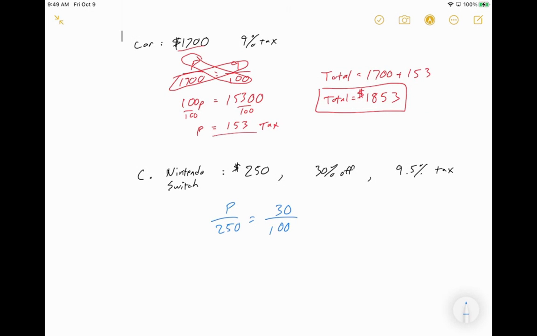All right. 30 over 100 is equal to P over 250. Okay. Yes, Benjamin, the second one. All right. 100 times P is 100P. 250 times 30. We do that in our calculator, right? 250 times 30 is 7,500.